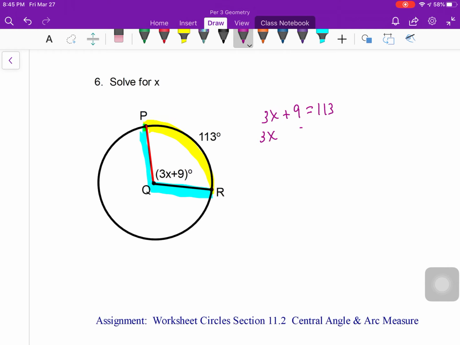And then I can subtract 9 on both sides. And 3x would be equal to 104. And I divide by 3. X equals 104 over 3. This does not reduce.